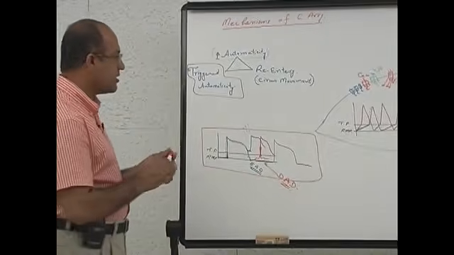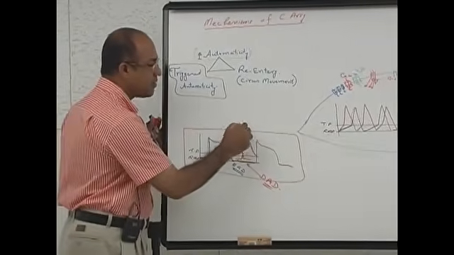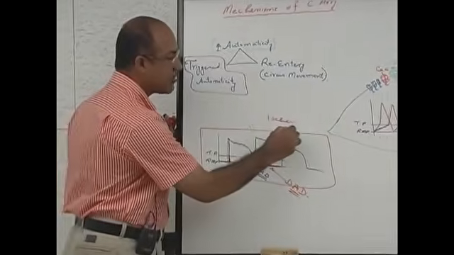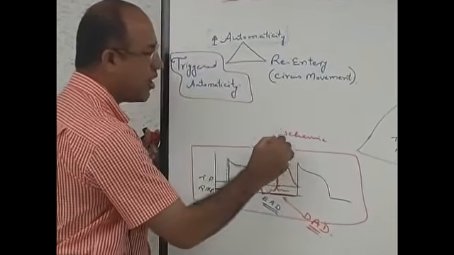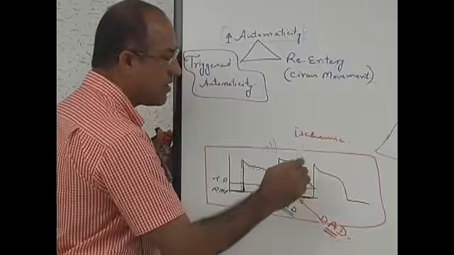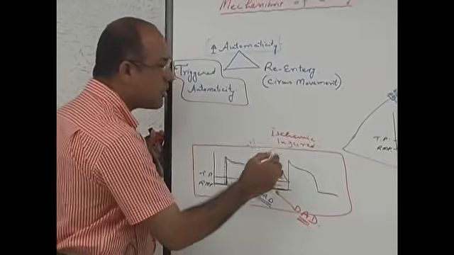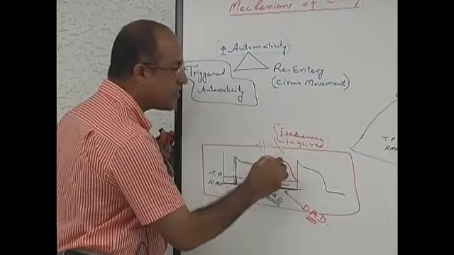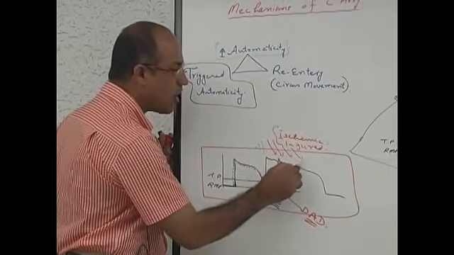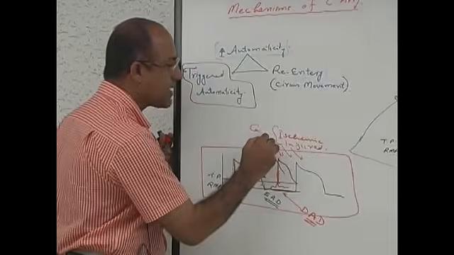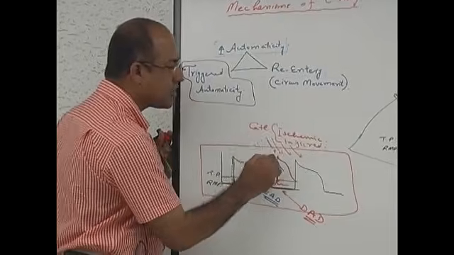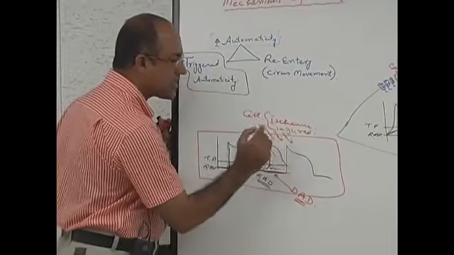Again, what are the mechanisms which can produce, suppose, delayed afterdepolarization? If myocardial cells become ischemic, or these cells become injured, or the membranes become injured, or due to any reason these cells load a lot of cations, for example catecholamines. Catecholamine can lead to loading of cations.